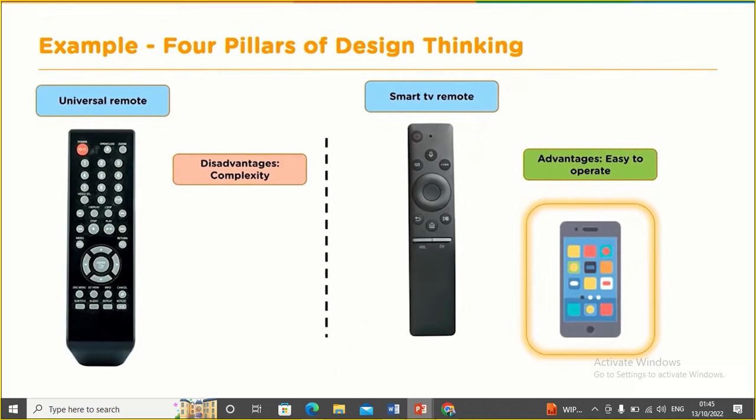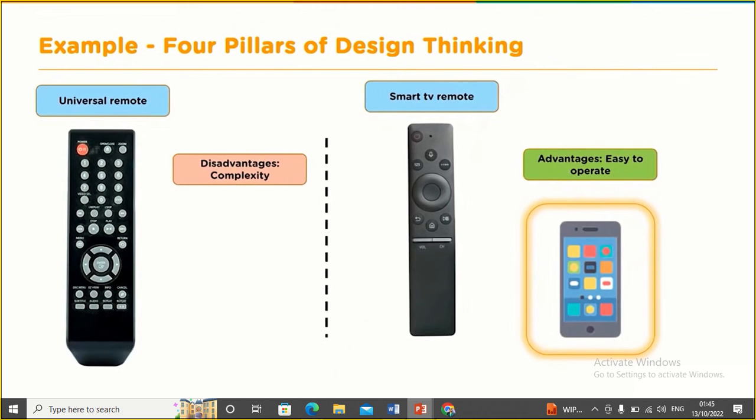Okay, so in order to avoid this complexity, the smart TV remote was introduced. You can look at this, a very small number of buttons are there, and you can make a comparison of how this smart TV remote looks very simple compared to the universal one.